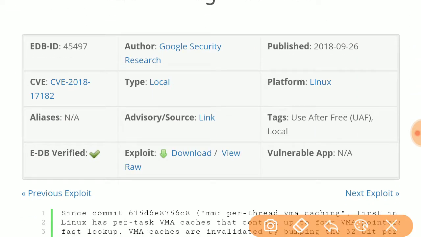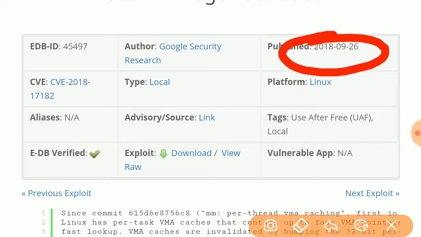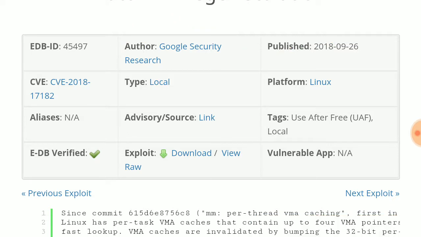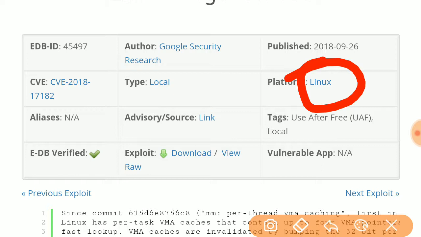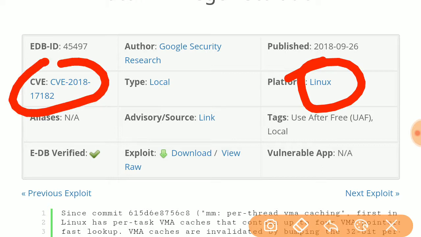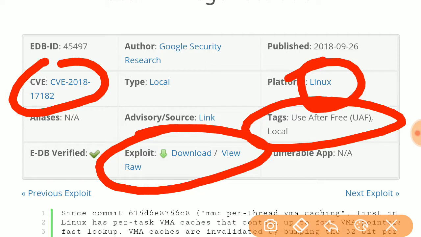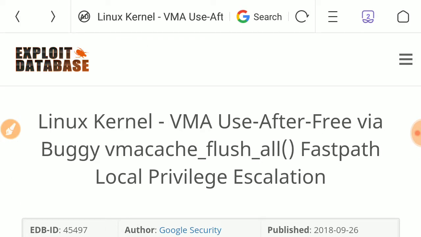There are certain details, such as when the exploit was published, and it was published on 26th of September, and also the Google researchers. There are other details, for example, it targets the Linux operating system, and this is the CVE ID. And this is the tag they used, that is, the vulnerability this exploit uses. People can download this exploit, and it is publicly available.